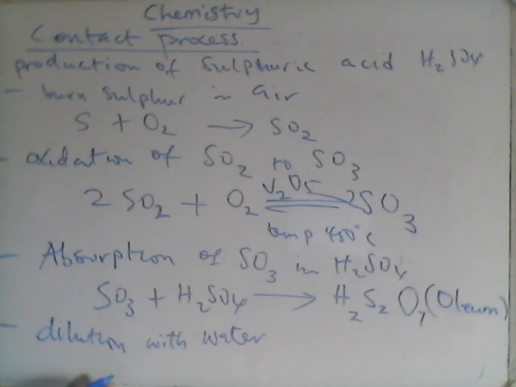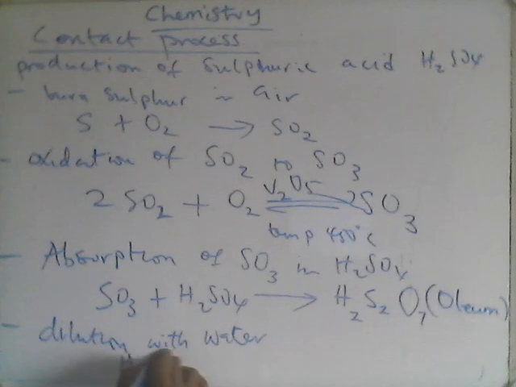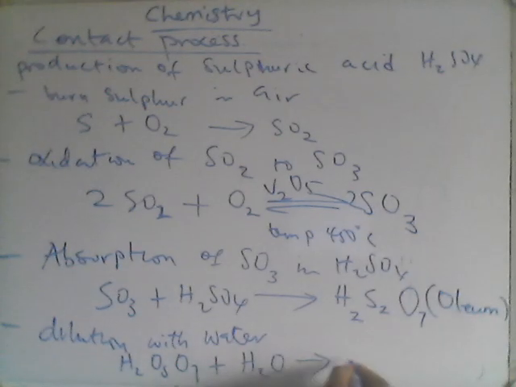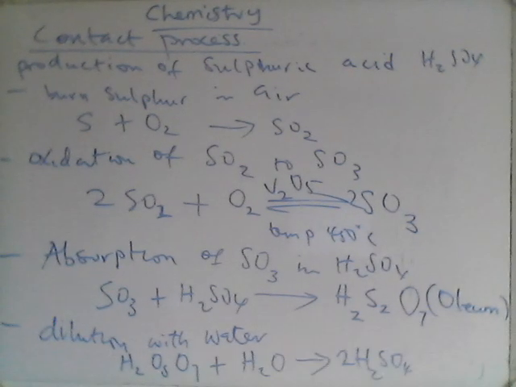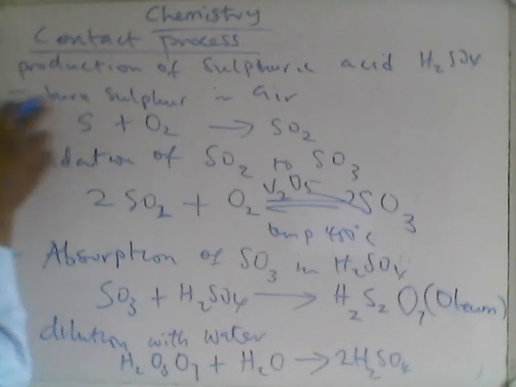So we can have oleum plus water to give us tetraoxosulfate(VI) acid, sulfuric acid. So see the process: from burning sulfur in air, you get sulfur dioxide.